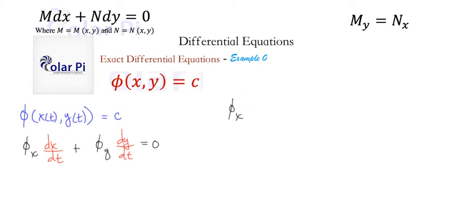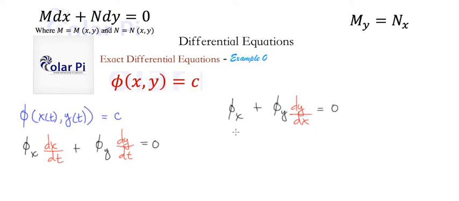I'll just write phi sub x by itself, and then plus phi sub y times dy dx, because we're taking the derivative of this equation with respect to x on both sides. And of course the right side is equal to 0.